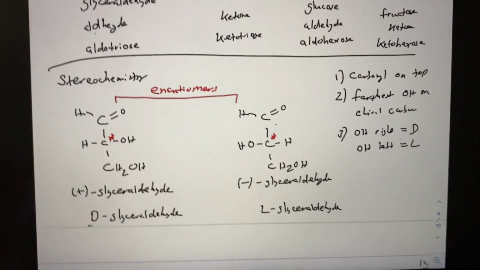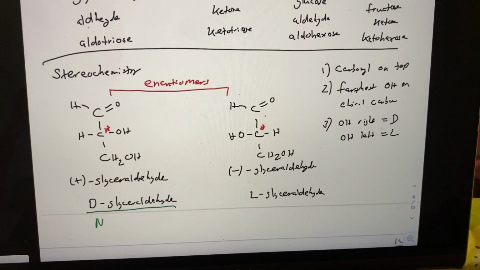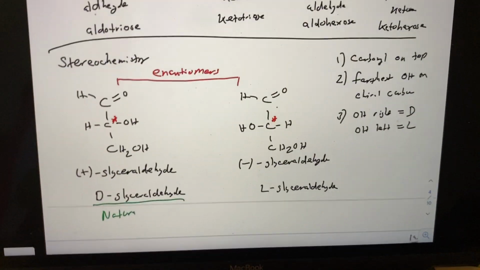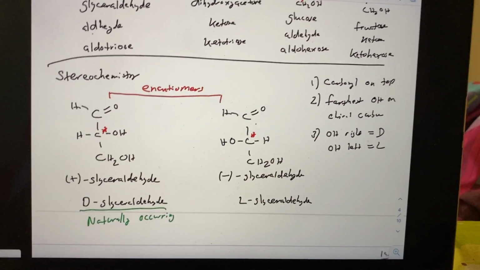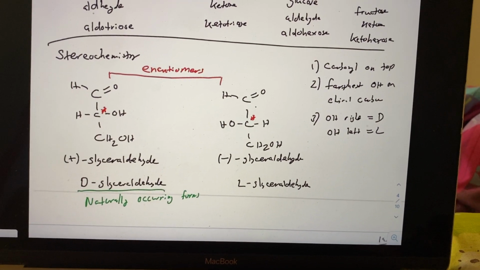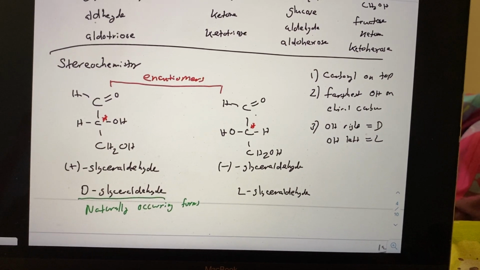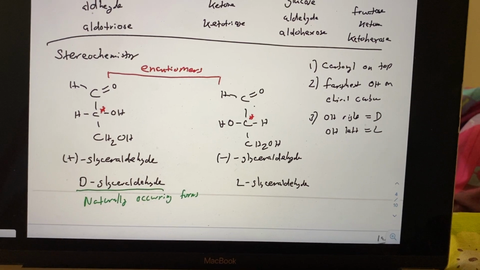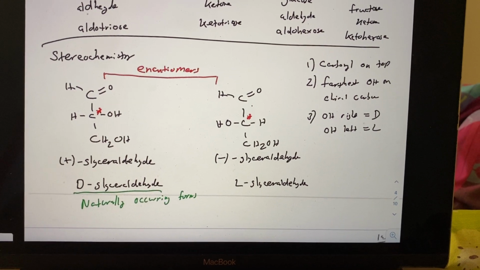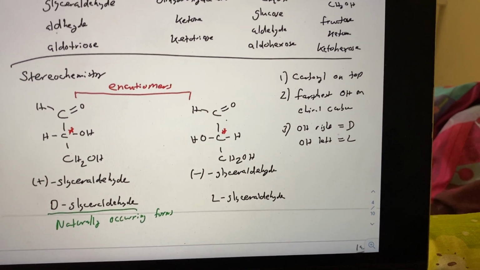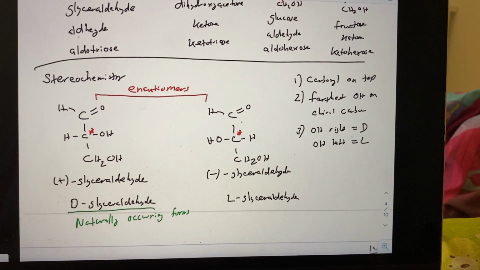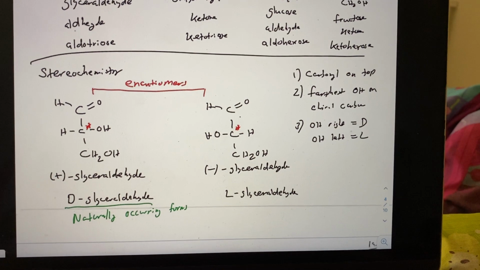The D sugars, these are the naturally occurring forms. Kind of interesting, actually. All the known carbohydrates are the D form, and the same language also applies to amino acids, and it's actually the L forms of the amino acids that are involved in peptides and protein structure.